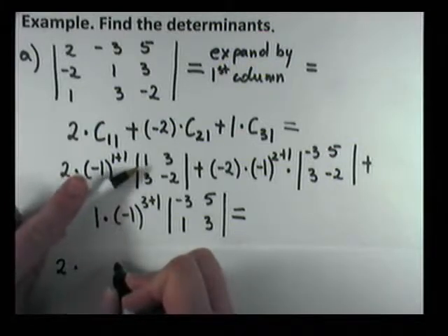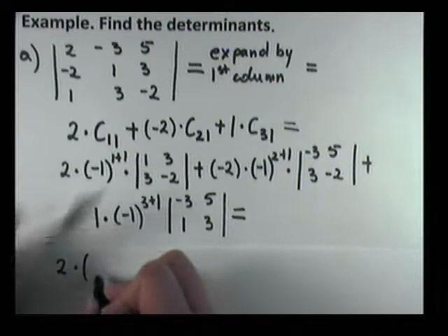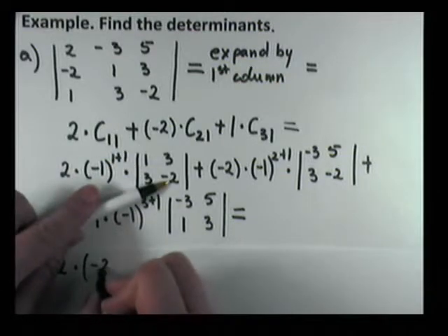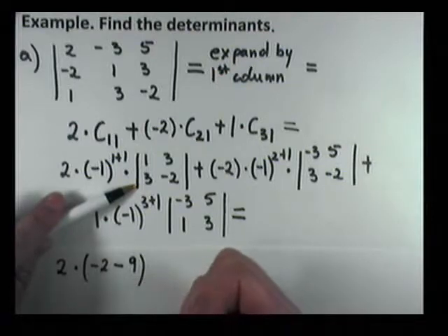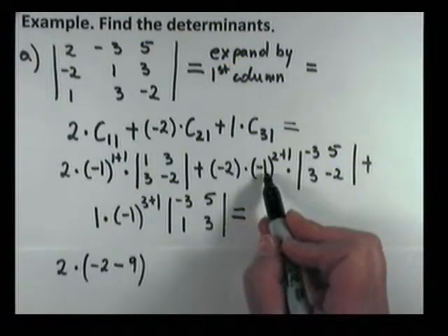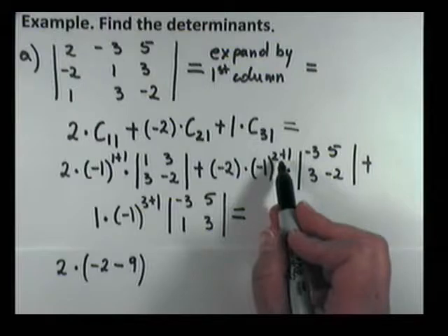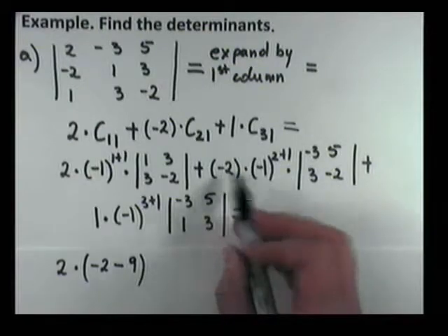And cross multiply those two, so we have minus 2 minus 9. Put it in brackets because we need to subtract them. Now from this one, minus 1 to the power 3 is minus 1 times 2. Minus 2 is positive 2.